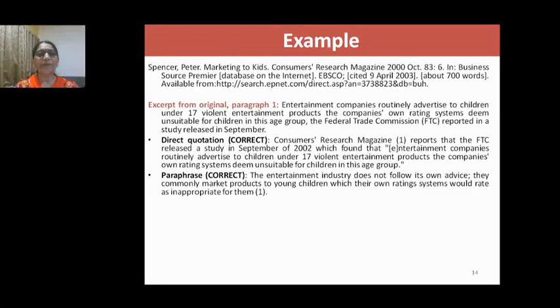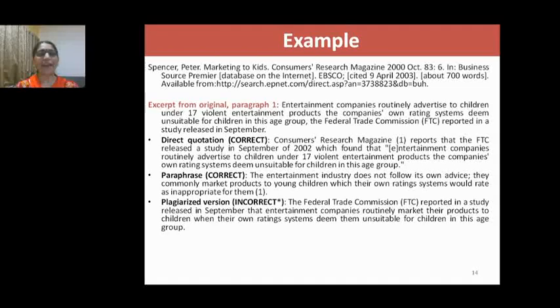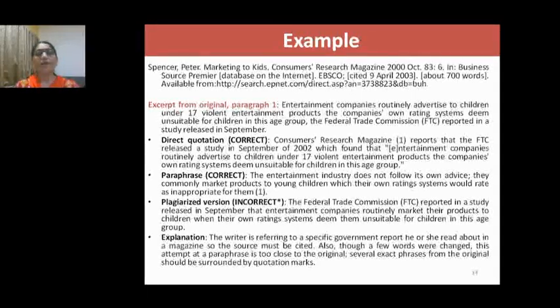It is cited properly as a paraphrase, and in this plagiarized version, you can see that the researcher has quoted here without citation. So we can explain that the writer has referred to a specific government report he or she read about in a magazine, so the source must be cited properly. Though a few words were changed, this attempt at a paraphrase is too close to the original. Several exact phrases from the original should be surrounded by quotation marks.